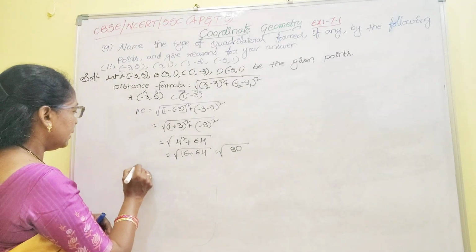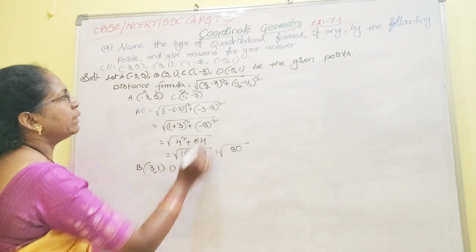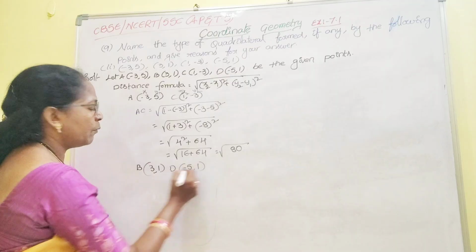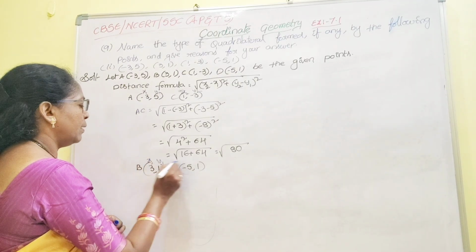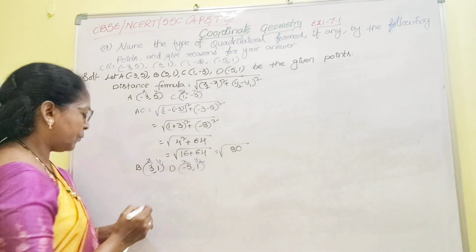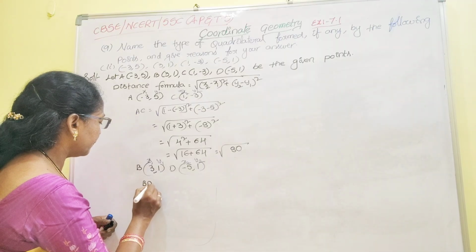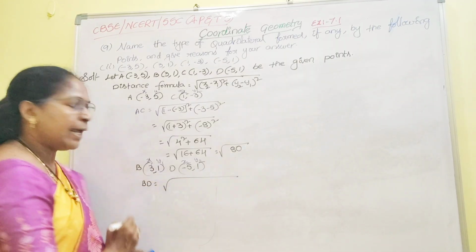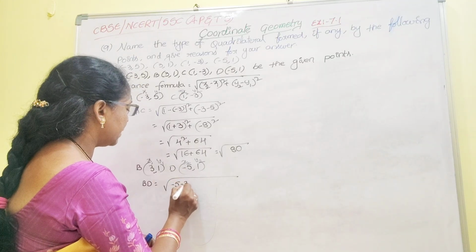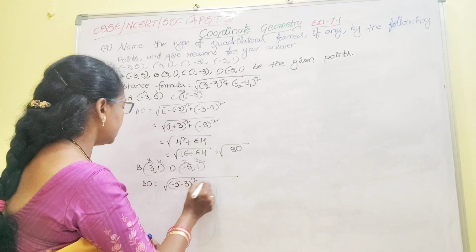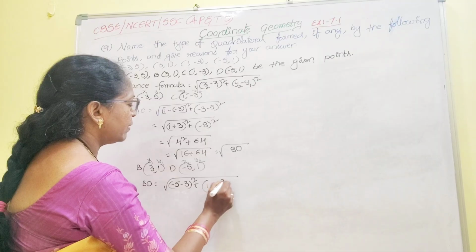Now BD. B is (3, 1) and D is (-5, 1). Now represent x1, y1, x2, y2. Now find the distance of BD, where BD equals the square root of (x2 minus x1) whole square, where x2 equals -5 and x1 is 3, plus (y2 minus y1) whole square, where y2 equals 1 and y1 is also 1.